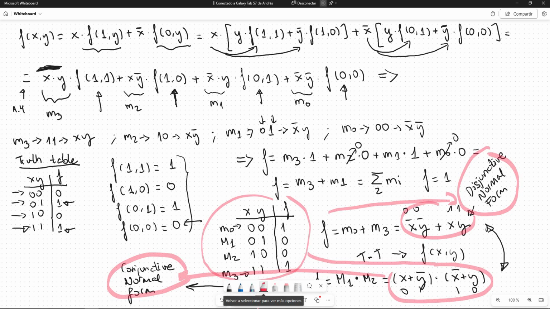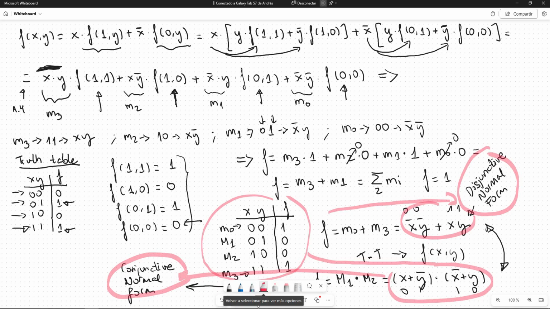If you look at the ones, you are going to use a sum of minterms. If you look at the zeros, you are going to use a product of max terms. So this is really powerful, because we can make the transition between one representation and the other in a really easy and fast way.